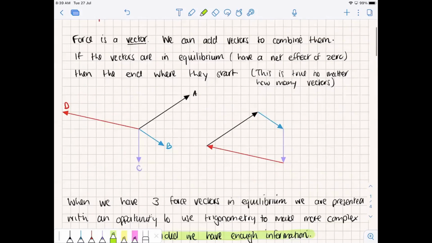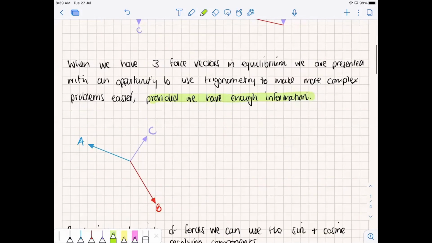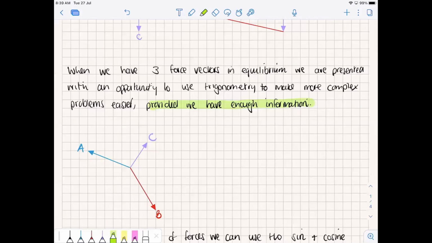So when we have three forces acting on an object in equilibrium, what I'll quickly do is move these forces around so that we can put them end to end and see what happens. I'll just start with any random one here.